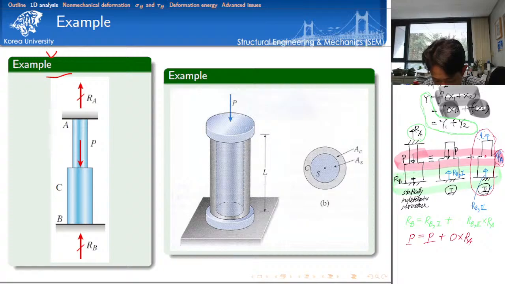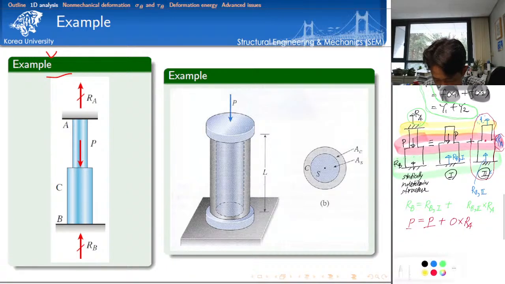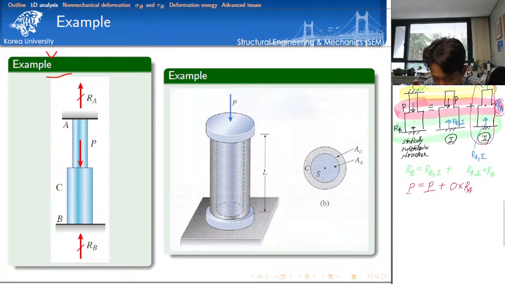And how about point A? If you look at point A, RA is equal to, there is no force at this point, 0, plus the unit load times RA. Same.